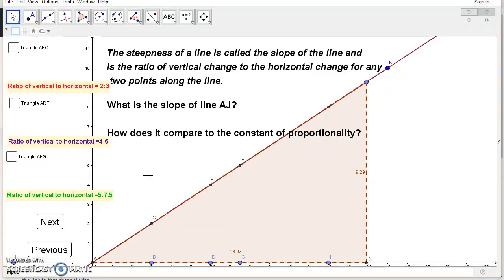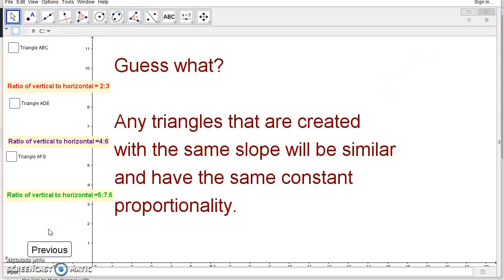How does it compare to the constant of proportionality? It is the same. So guess what? Any triangles that are created with the same slope will be similar if they have equal angles and the same constant proportionality. When we're talking about constant proportionality and slope, we're discussing the same thing.